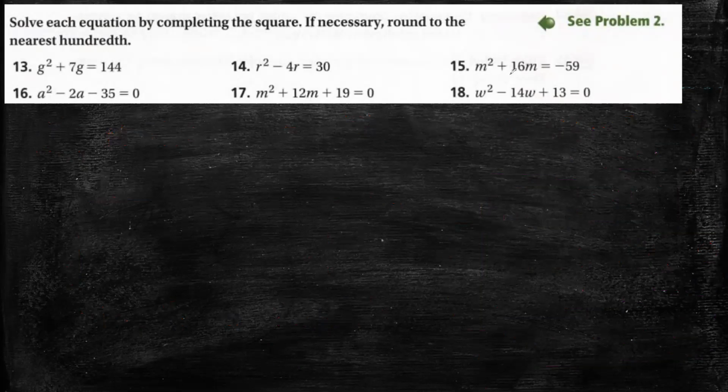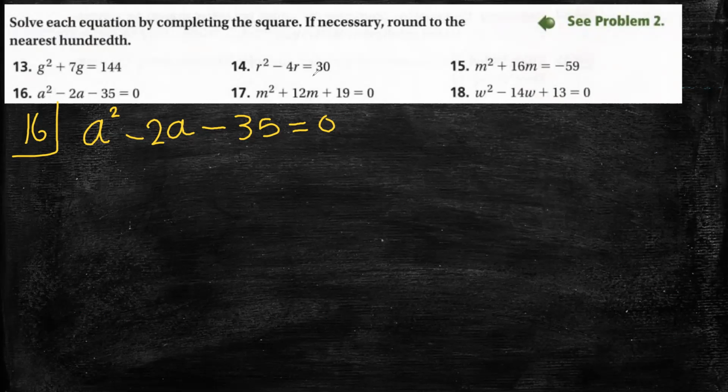Okay. Let's solve now number 16. In number 16, we have a squared minus 2a minus 35 equals 0. So what do we have to do, the first step, as we said yesterday? Numbers 15 and 14 are ready, but number 16 is not ready.